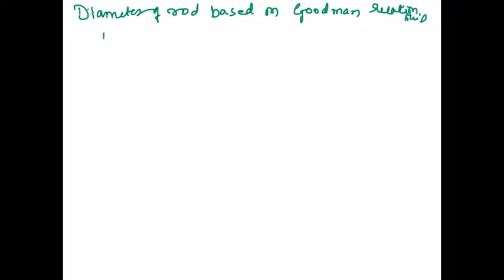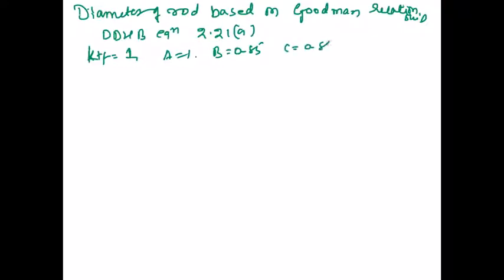So refer to the design data and book, equation number 2.21a, for ductile materials. Now in this case, as it is a simple bar, you can assume KTF, that is, the fatigue stress concentration factor, equal to 1, A equal to 1, B equal to 0.85, C equal to 0.85.